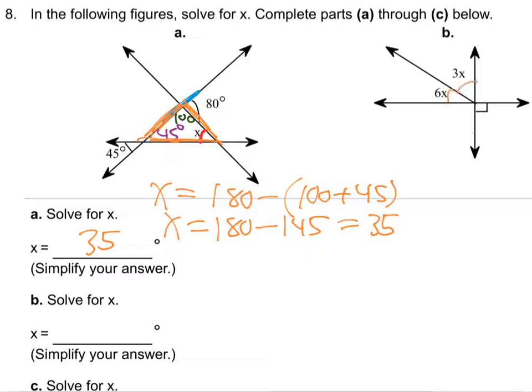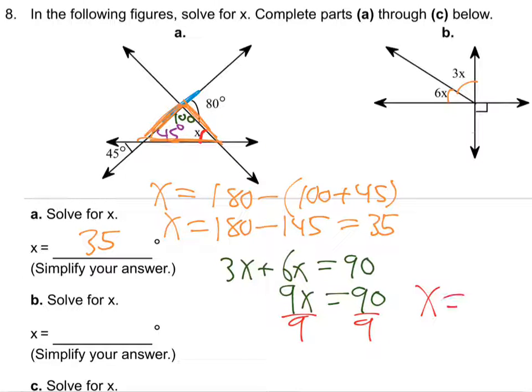So this plus this. So let's do that. 3x plus 6x is 90. So 9x is 90. How do we get x alone? Divide by 9. X has got to be 10. So there we go. All right, we good there.